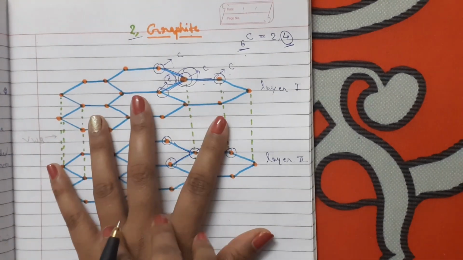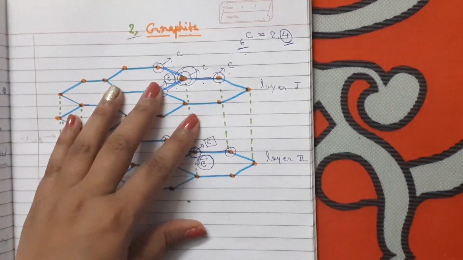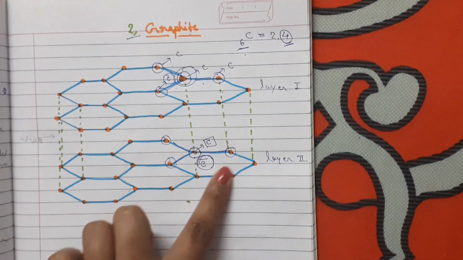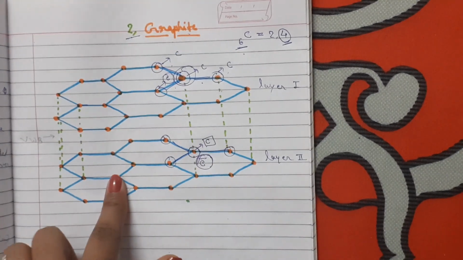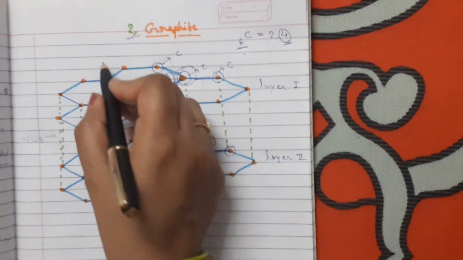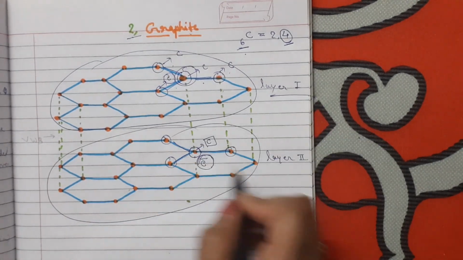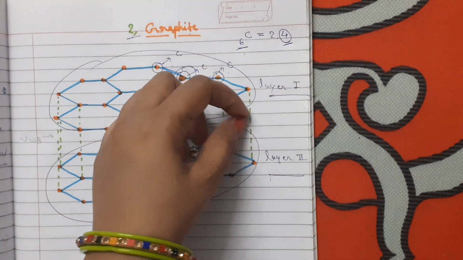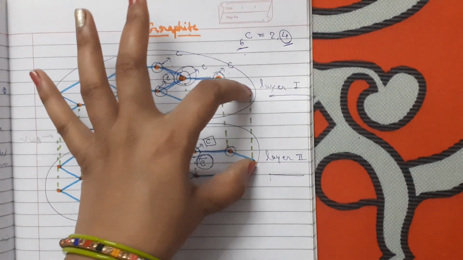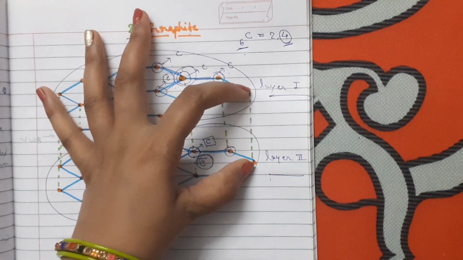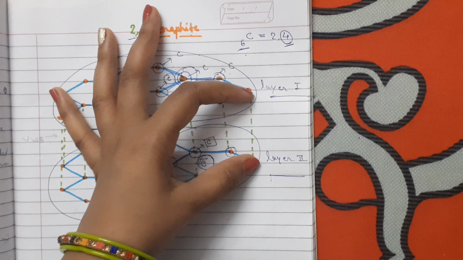Okay, and here you can see that the structure shows you a layered form of carbon bonds. We can say that this is layer 1 and this is layer 2, and there is much distance between these layers.